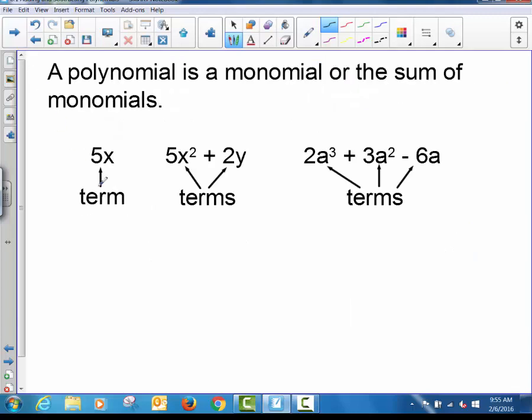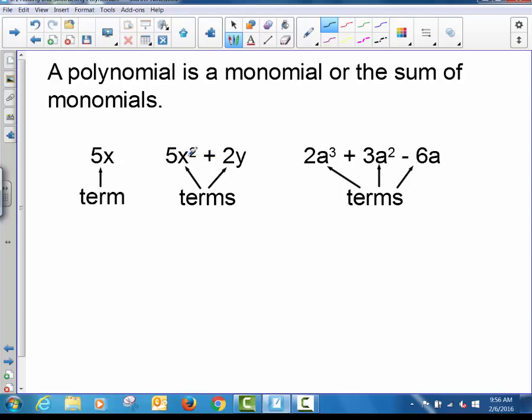A polynomial is a monomial or the sum of monomials. Okay? First thing we've got here is a monomial with one term. Okay, this is a monomial. It involves multiplication only. Then over here, when you've got an addition sign, that means you've got a polynomial.